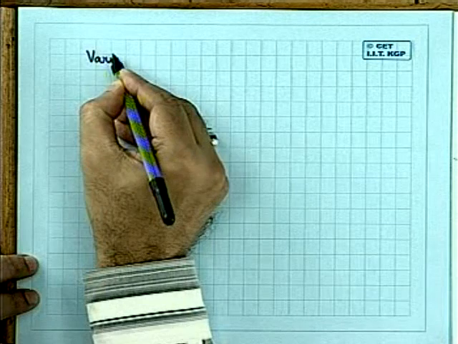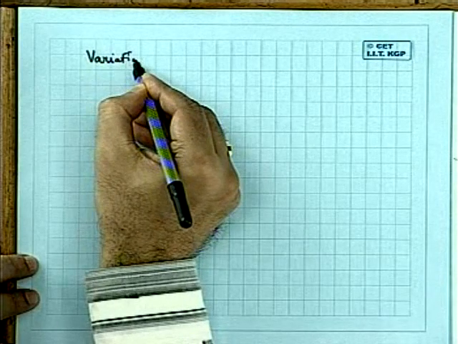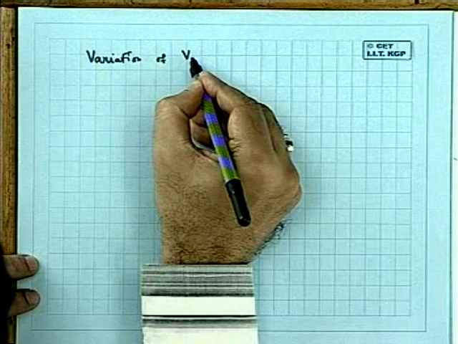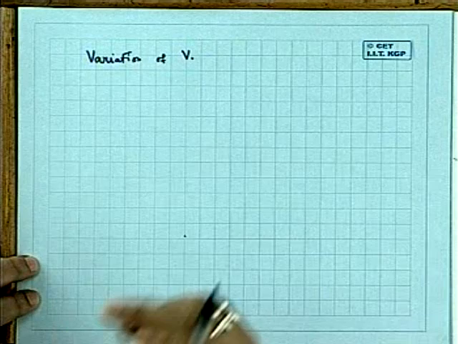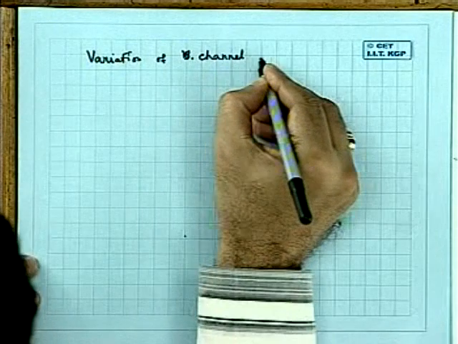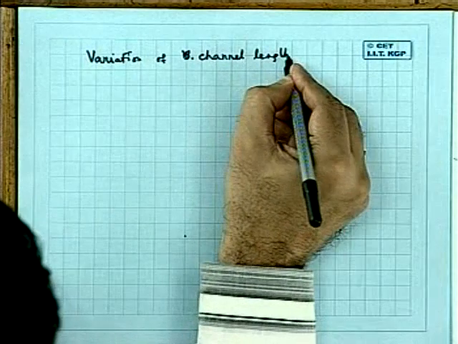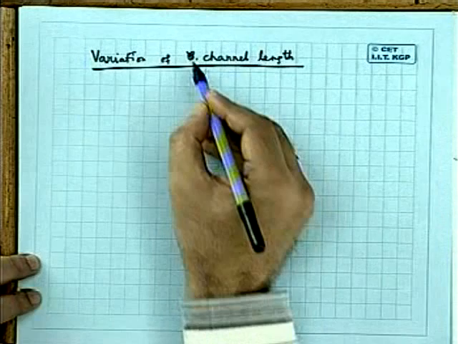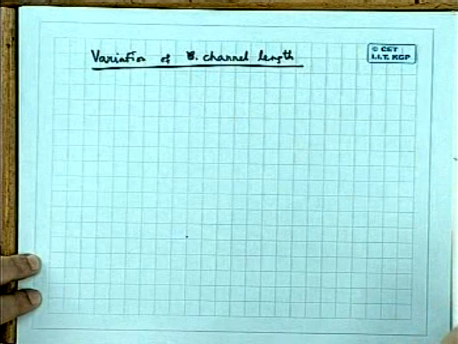Next comes variation of channel length. That is channel length modulation.